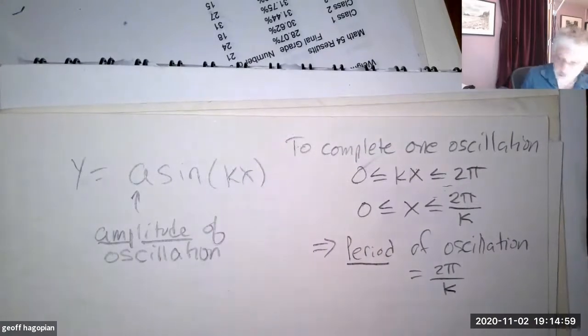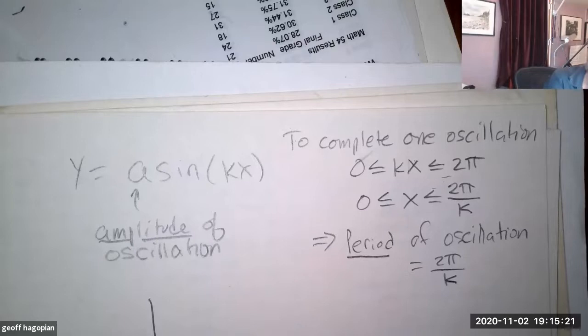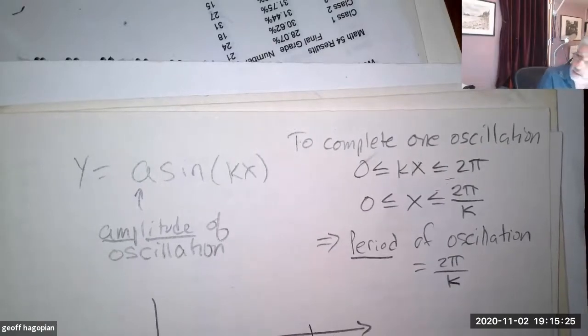When you're talking about harmonic motion or periodic motion, sinusoidal motion, you want to talk about how long your wavelength is. That's going to be 2 pi over k if the input is multiplied by k, and it's going to oscillate between negative A and A. So can we draw a picture of that? Sure.